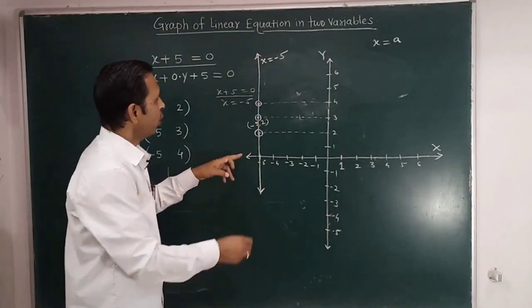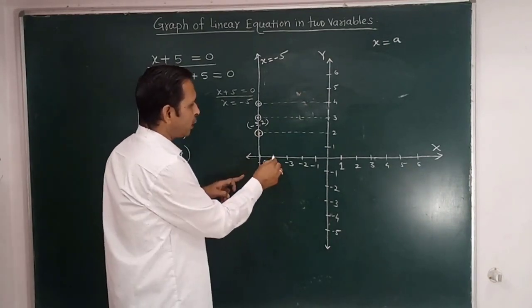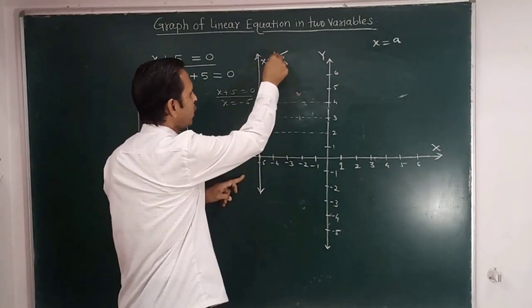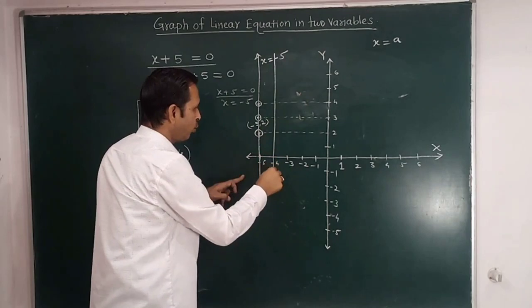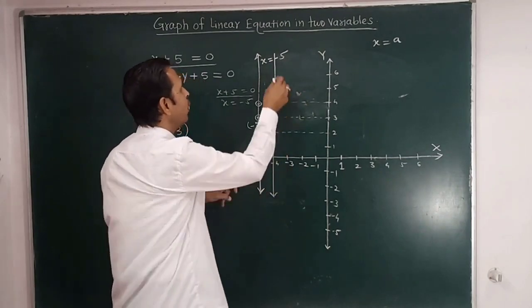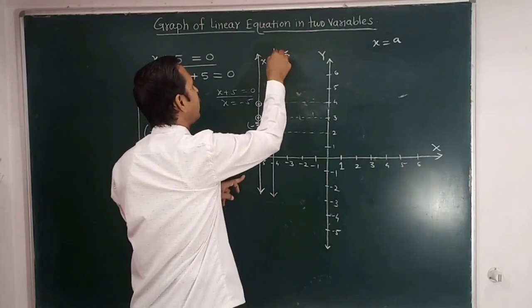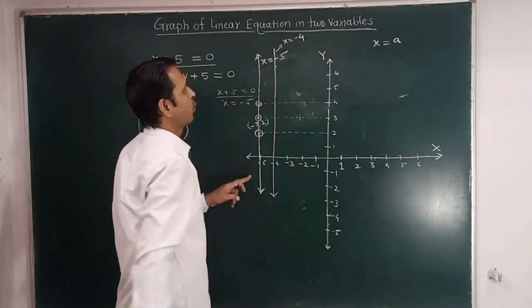Now suppose we draw the line passing through minus 4, then what is the equation of this line? The equation of this line is x is equal to minus 4.